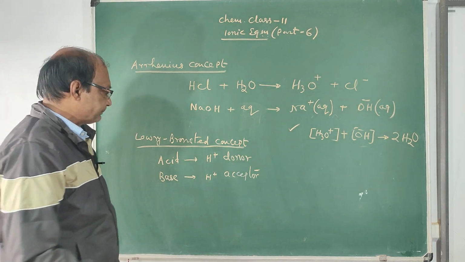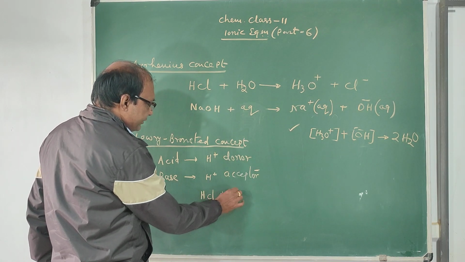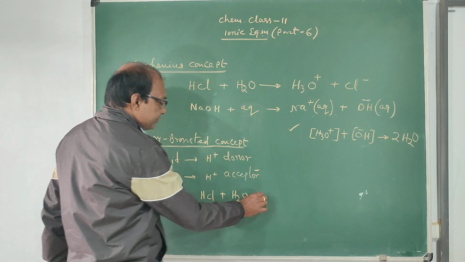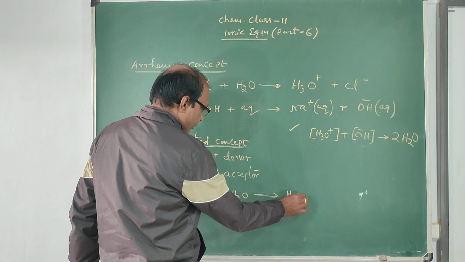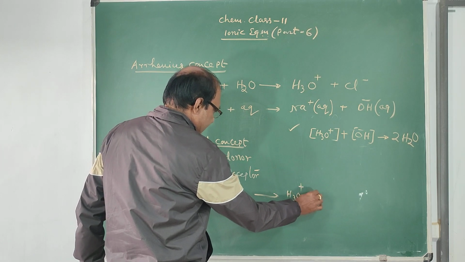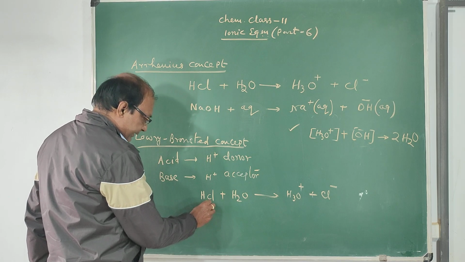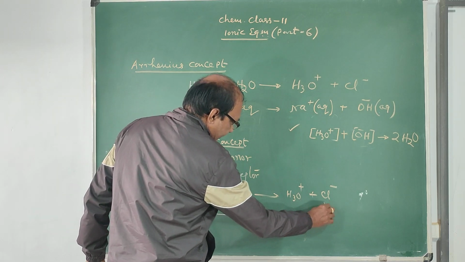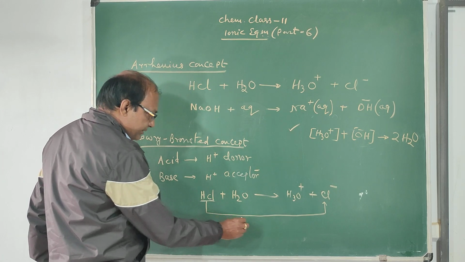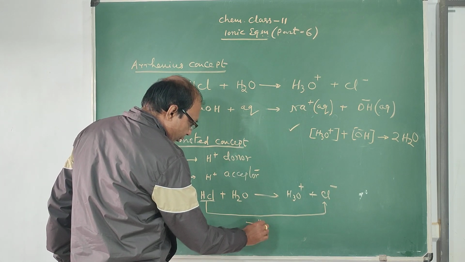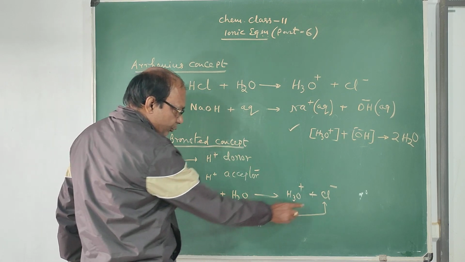So see here, if you write HCl plus H2O, from here to here, you see that HCl is a substance which donates proton. HCl donates proton to form Cl-.